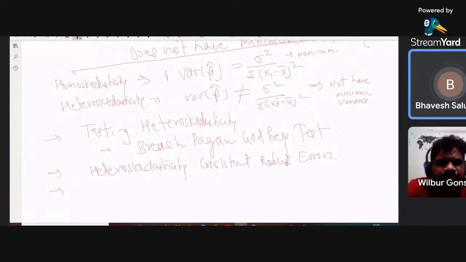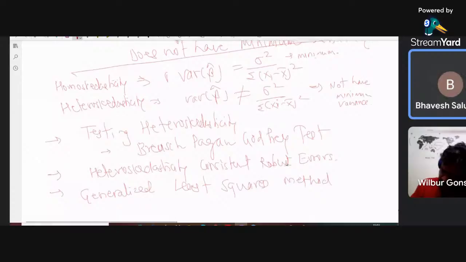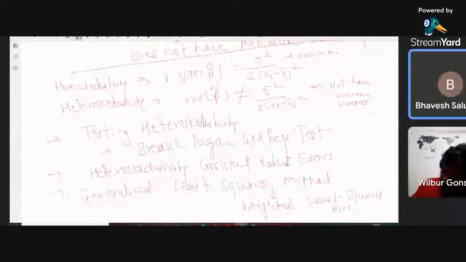Or you can go for another estimation method called GLS, the generalized least squares method. One specific type of generalized least squares is the weighted least squares method, WLS.